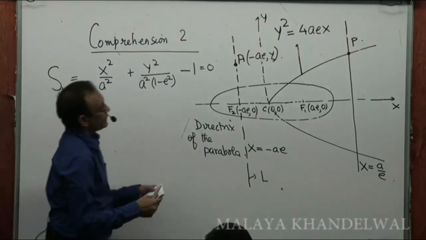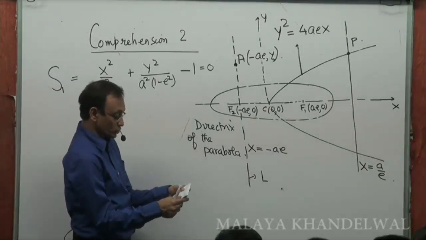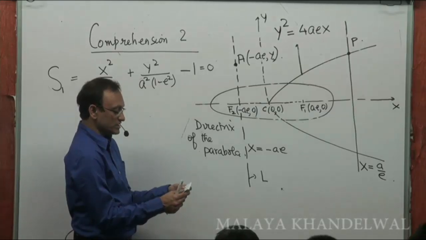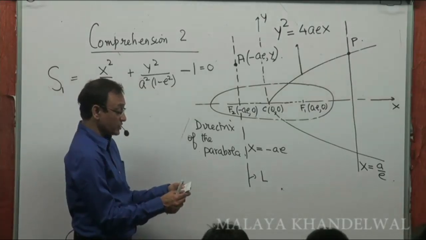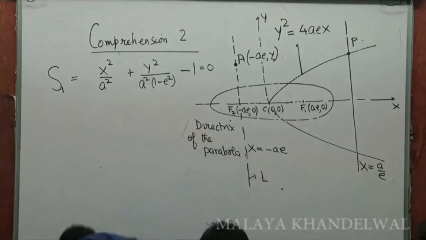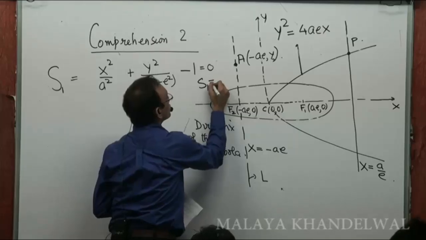Now, the tangent at a point Q on S1 equal to 0, and the line joining P to the focus of S1 equal to 0, intersect the auxiliary circle of S1 equal to 0. Of course, once again, this is S1 equal to 0.